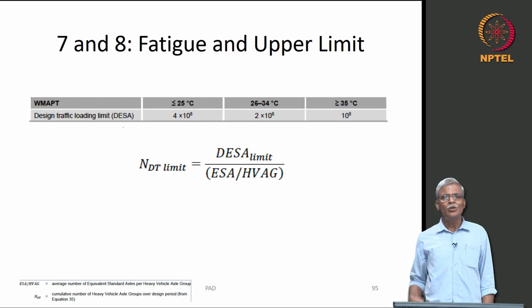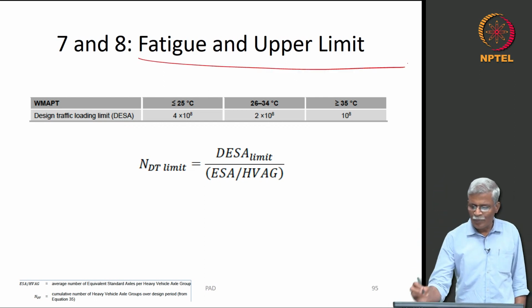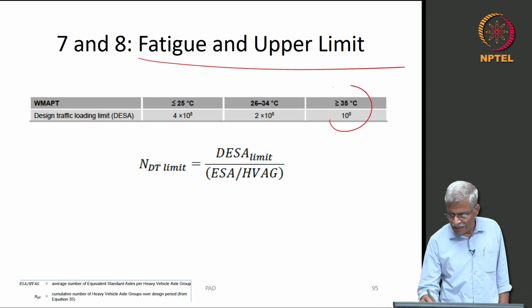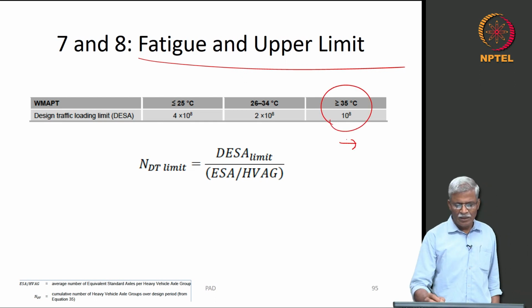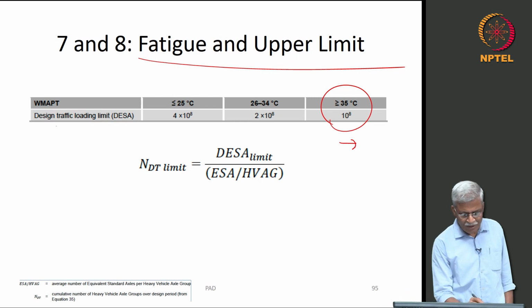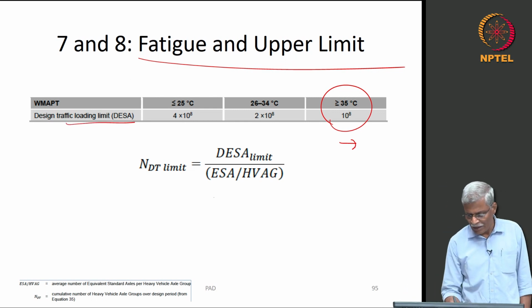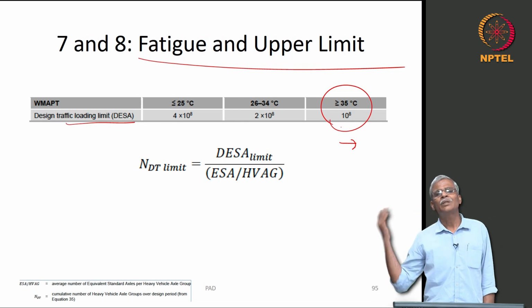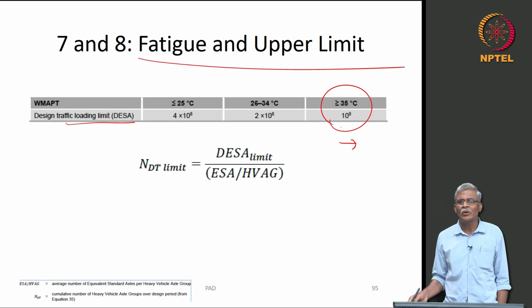So, they also give you some kind of an upper limit for the fatigue. Now, why as the temperature increases, the fatigue design traffic loading limit, what is really called as the DISA, is reduced, is something that we can discuss only in an advanced course.